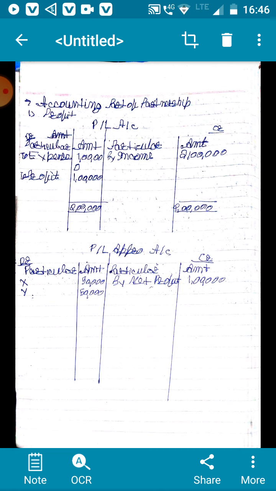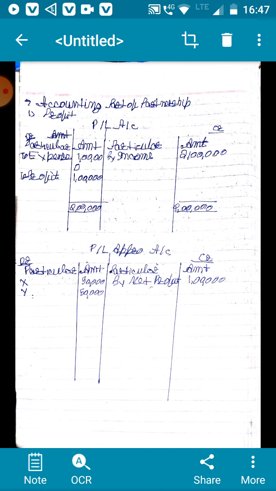There are three principles of accountancy: the first is personal account, the second is real account, and the third is nominal account.